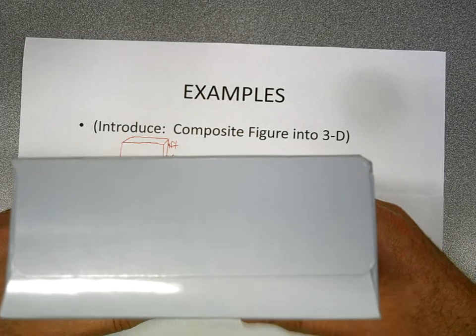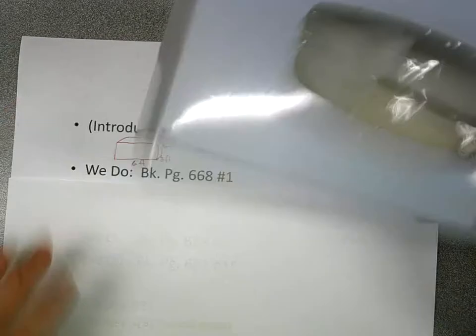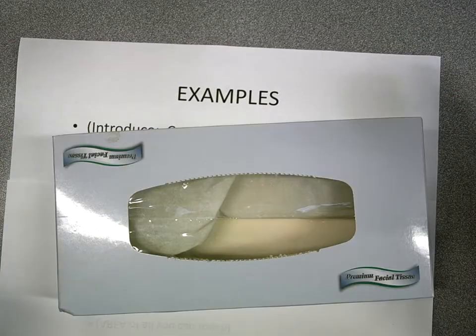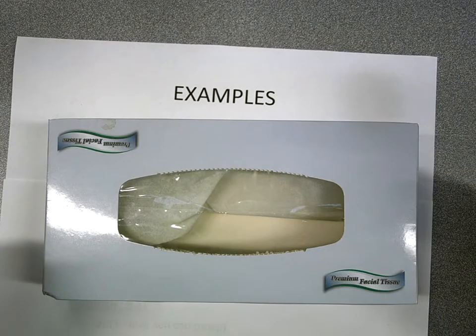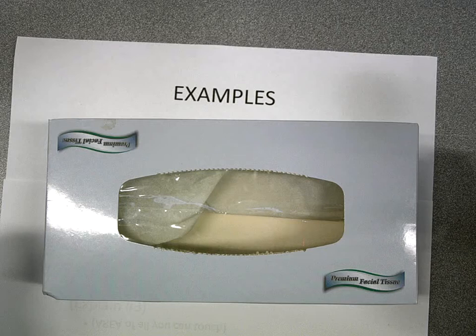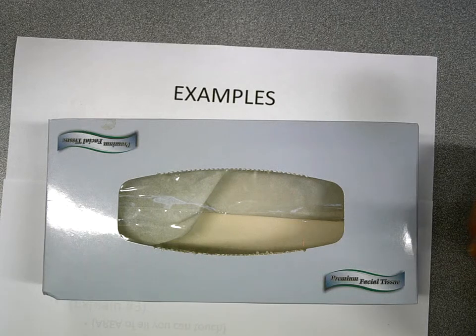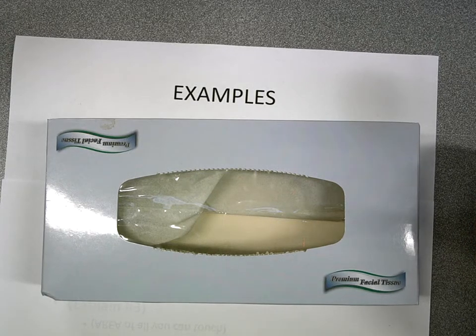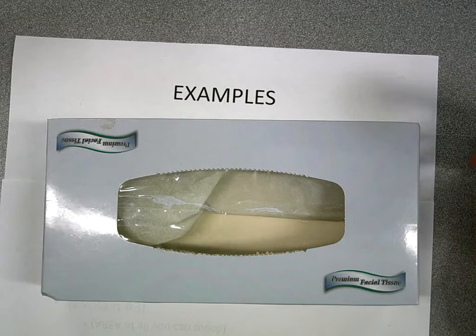So listen, with a rectangular prism, if you've never noticed this, we don't need to find the area of 6 sides. We only need to find the area of 3 sides, because then we're going to double it up. I just cut your workload in half.